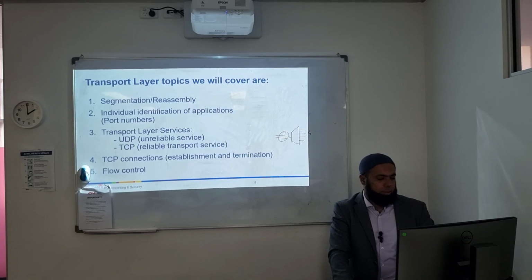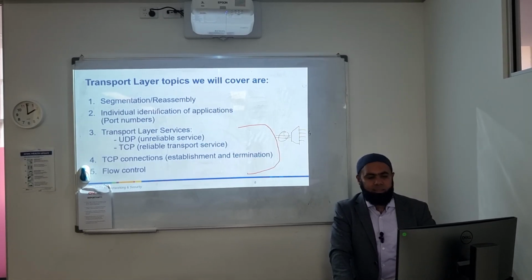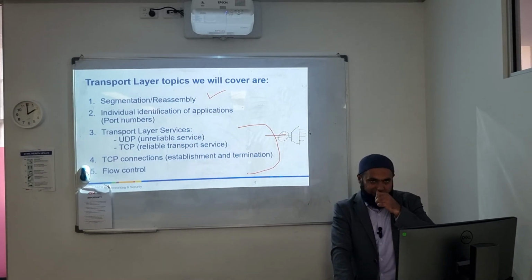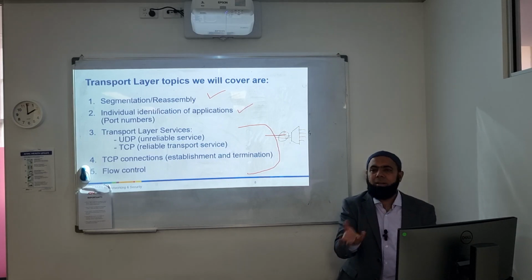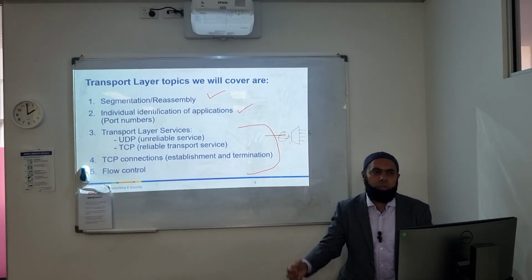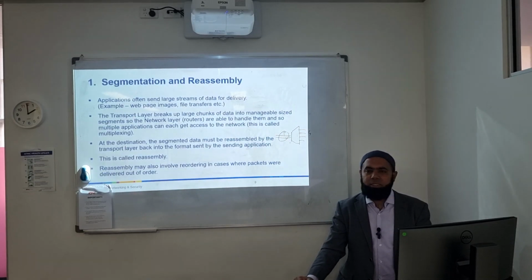So from here, these things are almost the same. Mainly three things: segmentation and reassembly, individual identification of applications, and TCP and UDP. That's the main job of the transport layer, and we will see each of them one by one in today's session. First of all, segmentation and reassembly.